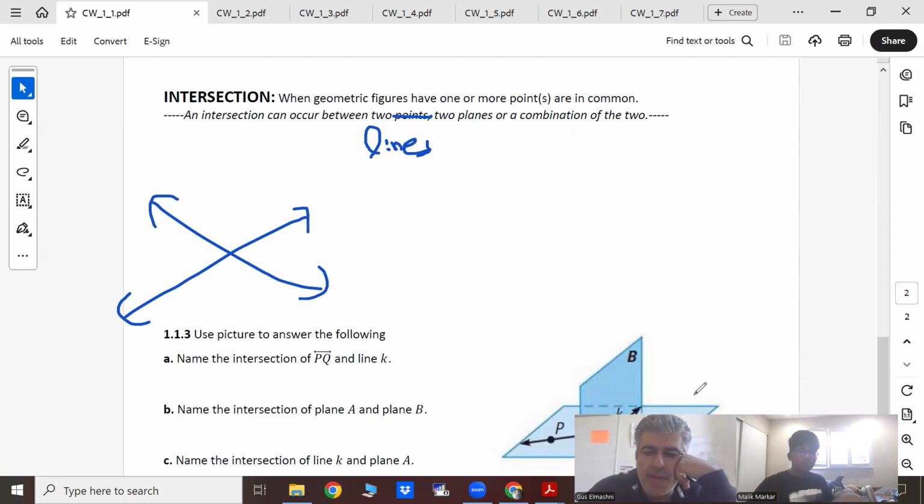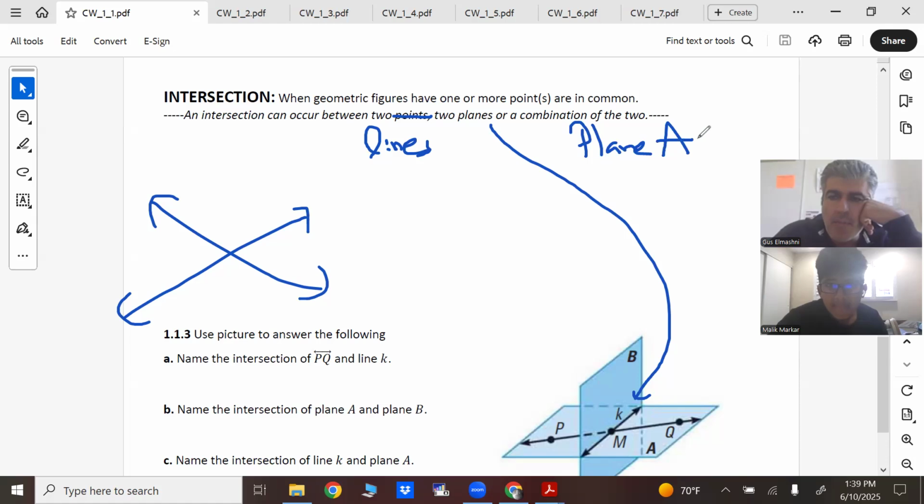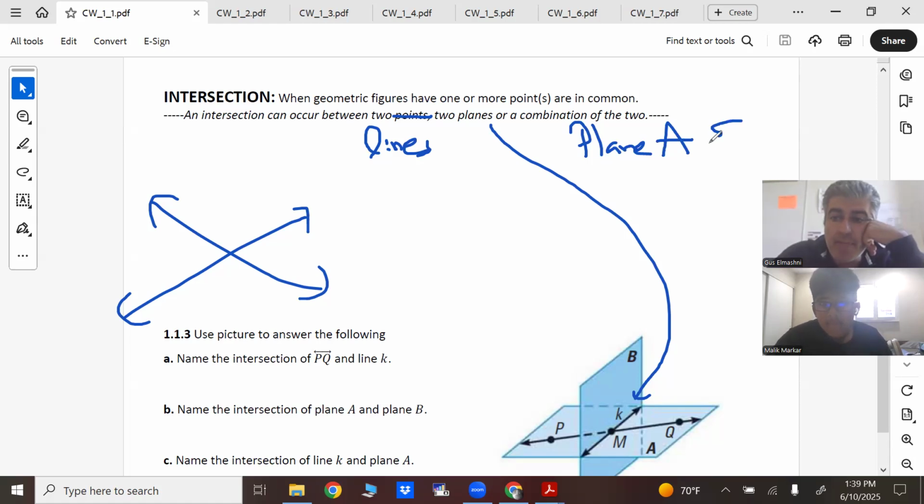For planes, it's a little tricky, but you can see down here. Here you have plane A and plane B. Actually, it's going to be line K, because it's like the crease.